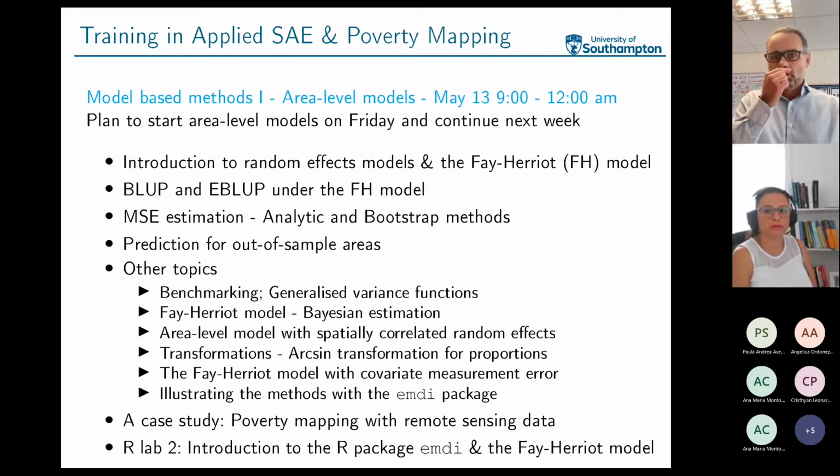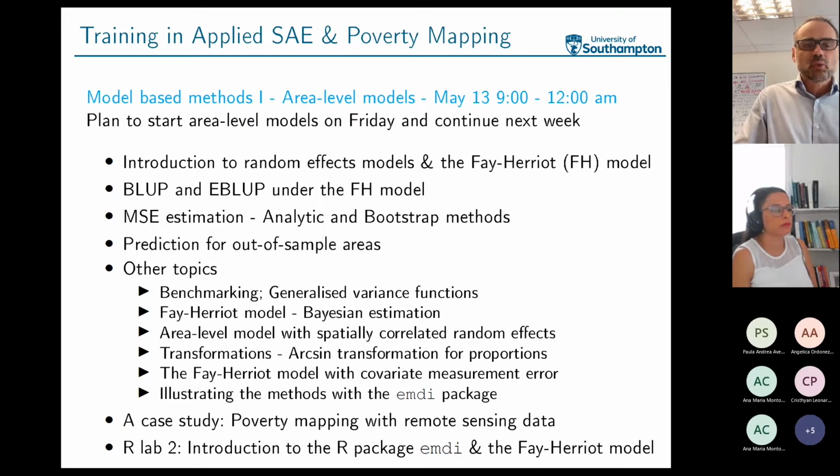In particular, we're going to focus on an example here where we're modeling proportions, and proportions might be relevant in the case of poverty mapping if you model directly the proportion of poor households or poor people. And we're going to use the arcsine transformation, which is a popular one in the case of modeling proportions.